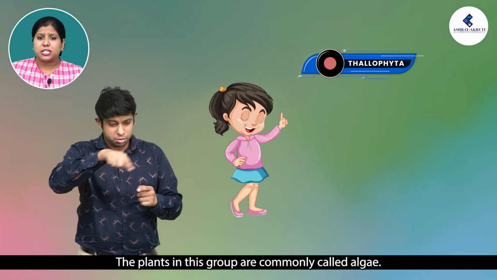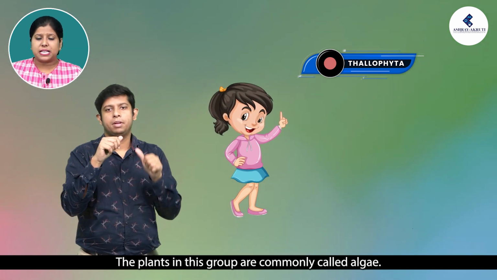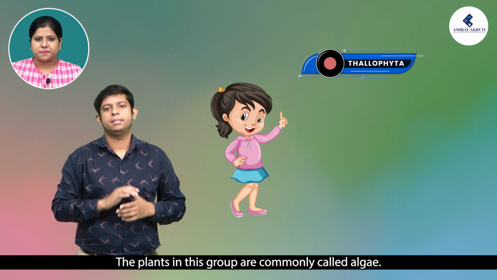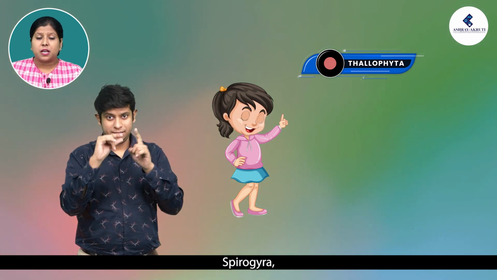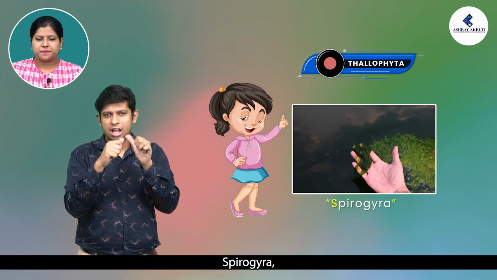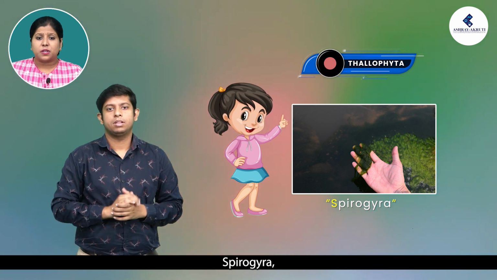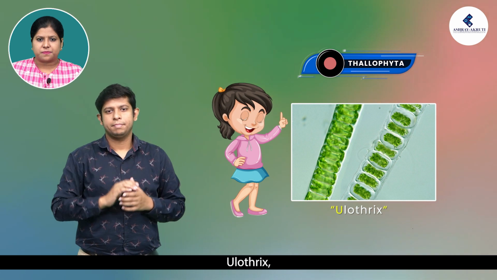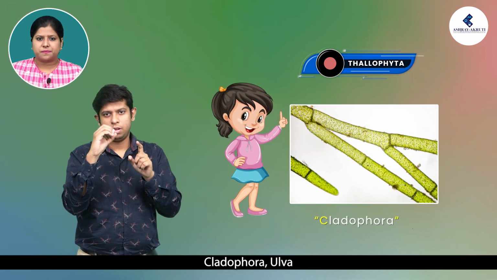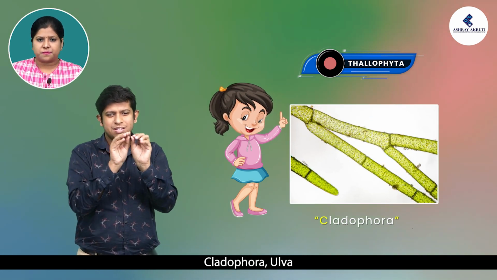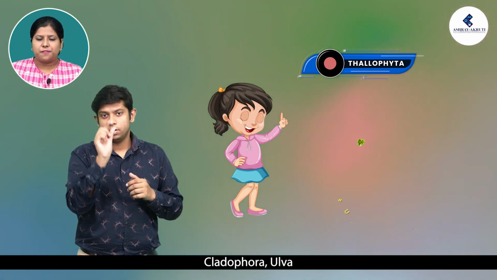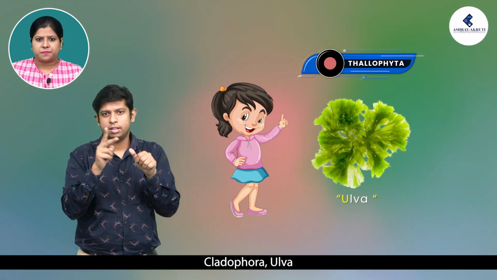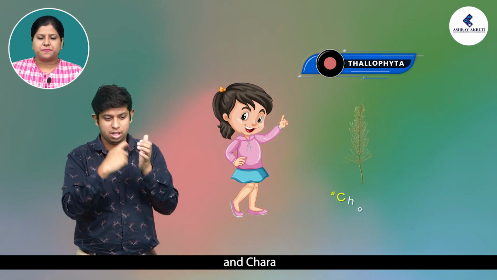The plants in this group are commonly called algae. Examples: Spirogyra, Ulothrix, Cladophora, Ulva and Chara.